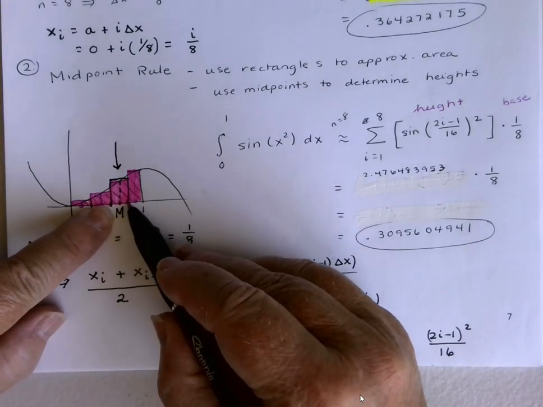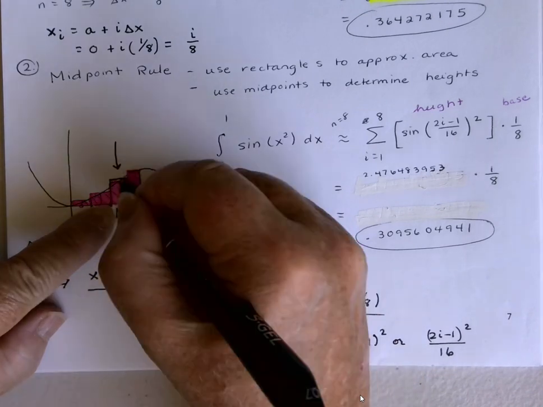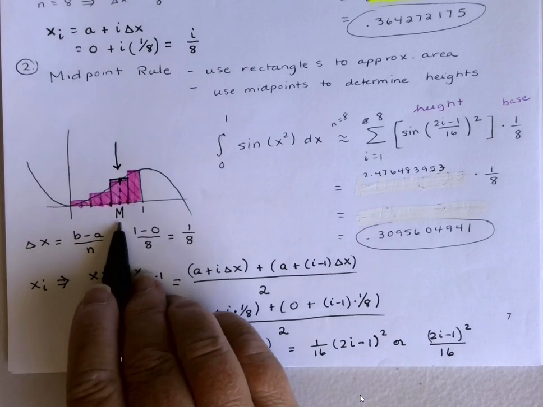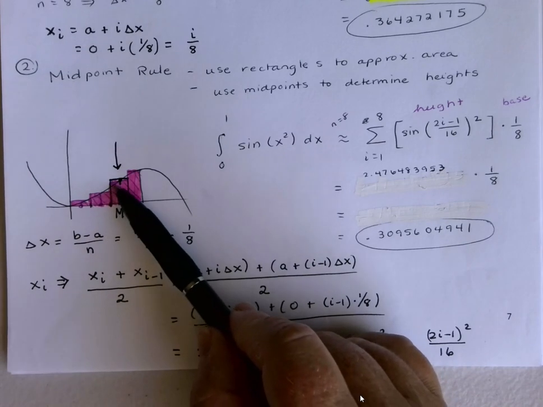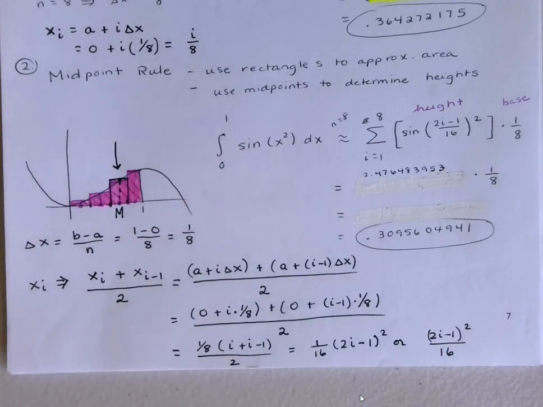Notice that the left and right endpoints of the rectangle are here and here, but the height was determined right in the middle by this point I've labeled M, the midpoint. The advantage of that is the rectangle's a little too big on the left side, but a little too small on the right, so some of the extra goes towards helping fill in the stuff I've missed.